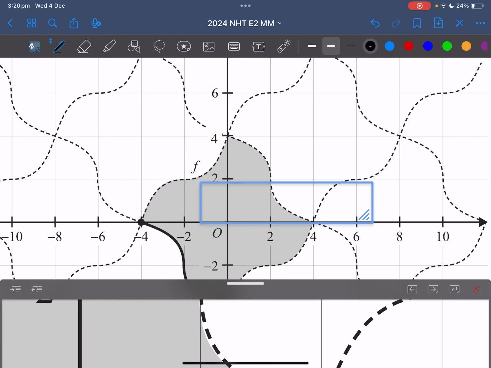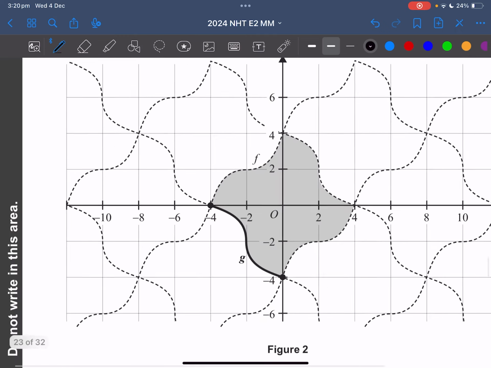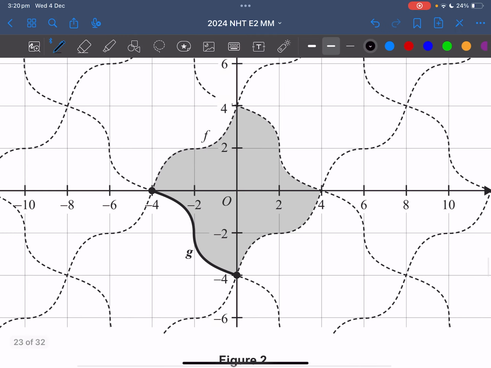So in reality, all we have to do to find the area of one tile is 4 times the integral from -4 to 0 of f of x dx. Now you can find the area above the graph of g as well and multiply it by 4. It will still give you the same result. Doesn't really matter.